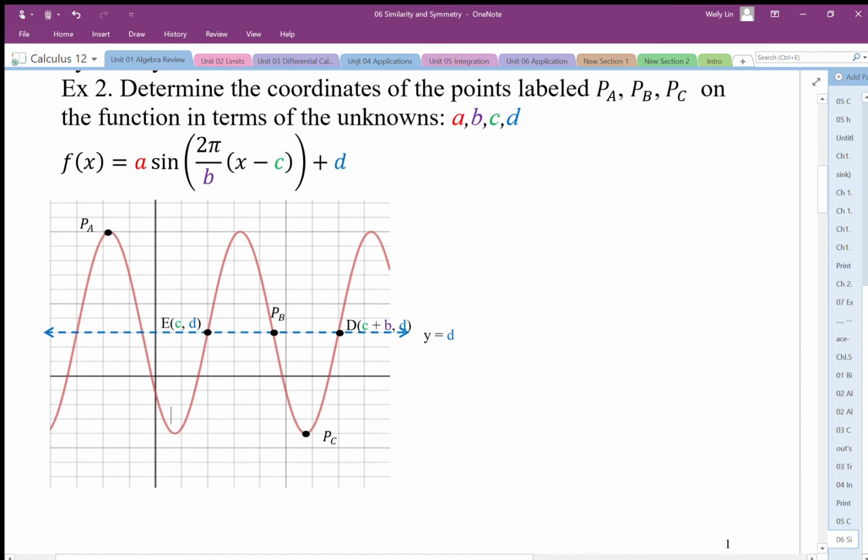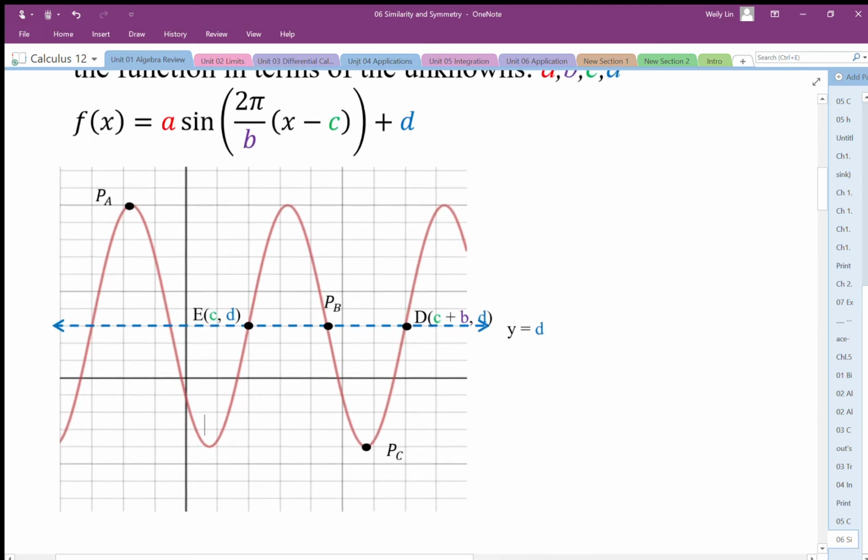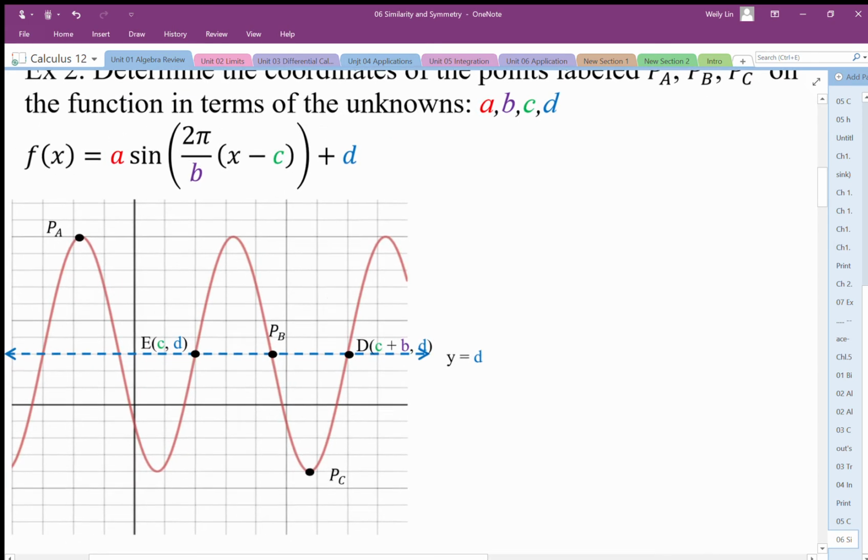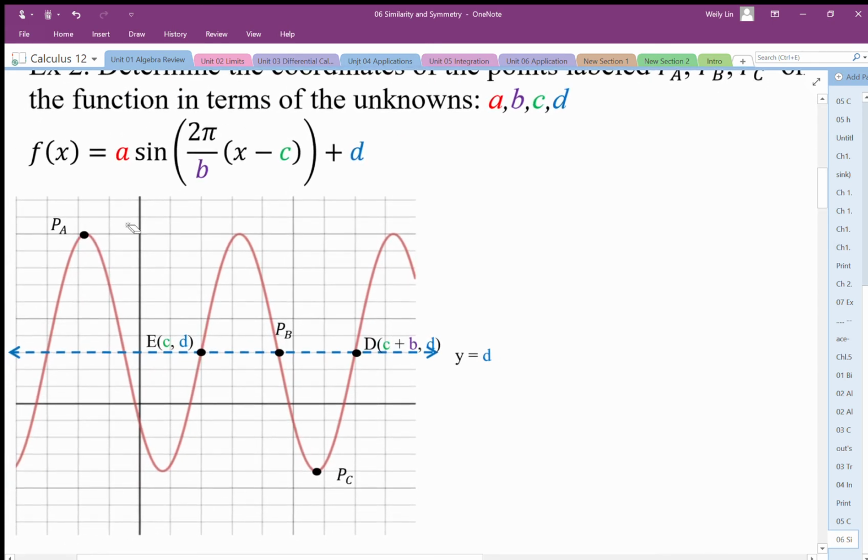What you're being asked here is to find the coordinates of P_A, P_B, P_C, in terms of the coordinate parts a, b, c, and d. Here is the start of the sine function. It's a horizontal shift of c, and the middle line is d.